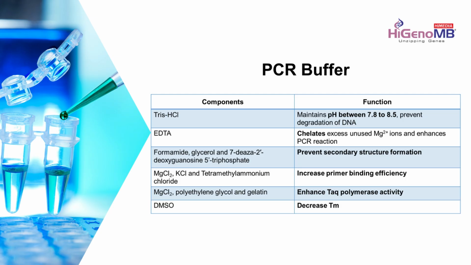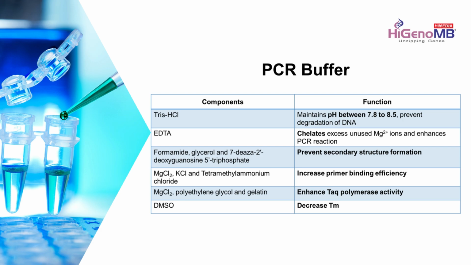So to avoid this in the reaction, these components are added to prevent secondary structure formation. Formamide is a denaturant and it removes the hydrogen bonds that are formed between the base pairs.